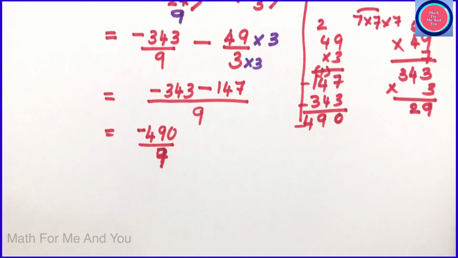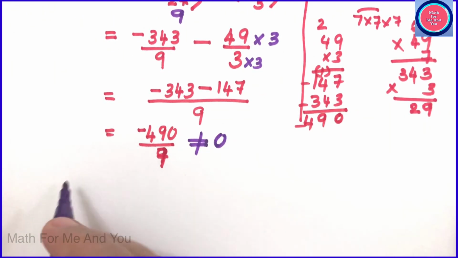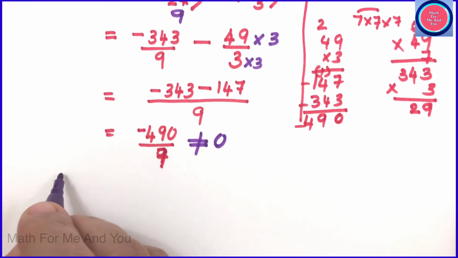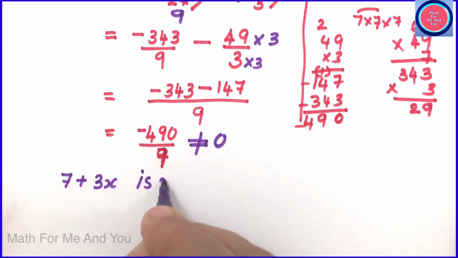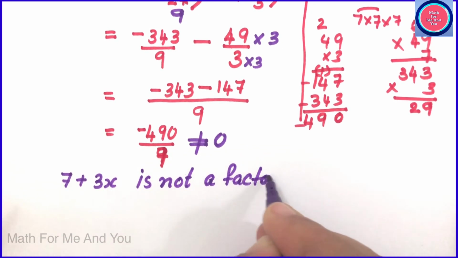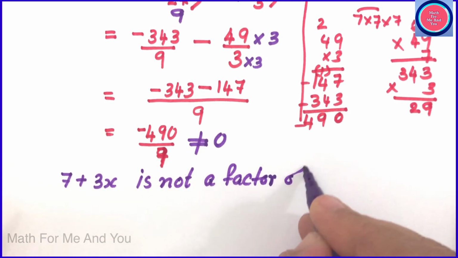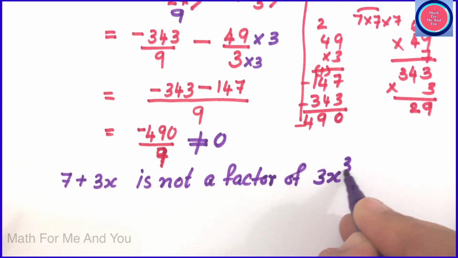When we substitute the value for x, if we get the answer equal to 0, we can say this is a factor. But here we get not equal to 0. That means the linear polynomial 7 plus 3x is not a factor, because we are not getting the answer 0. So we write it is not a factor of the polynomial 3x power 3 plus 7x.